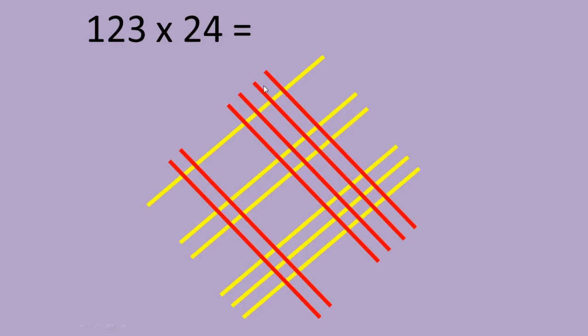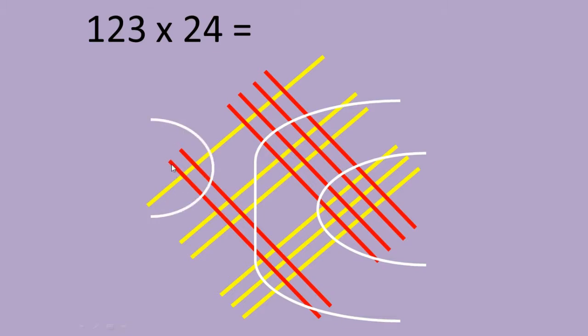The first part is this one, then the second part, and this is the third part, and we have the last part, so this one. So again, this is the first part, the second part, the third part, and the fourth part.